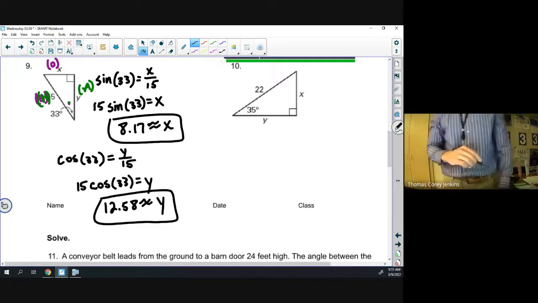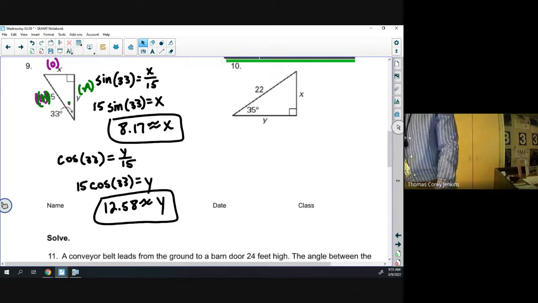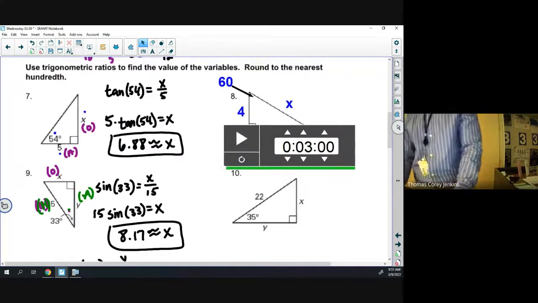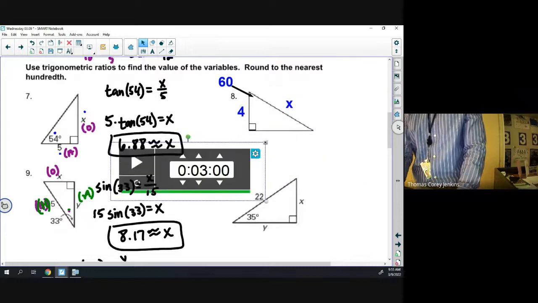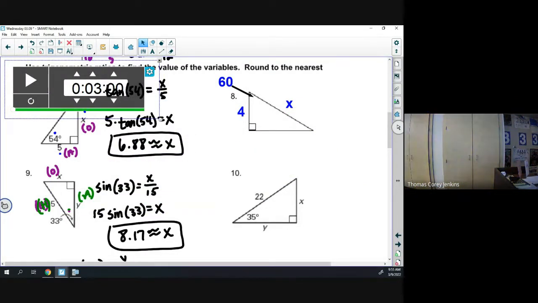All right, so now that you have seen a couple of these, I want you to try for a few minutes to do what you can on 8 and 10. On your notes, the 8 is blank, so you'll have to write in this stuff. I just had to make one up. So we'll say this angle up here is 60. The short leg is 4, and the hypotenuse is x.